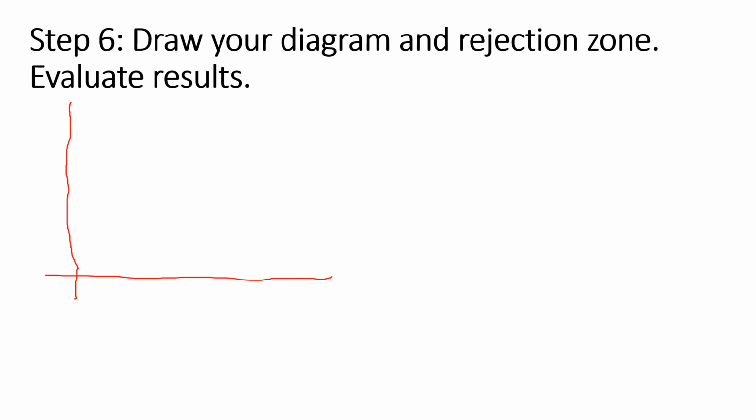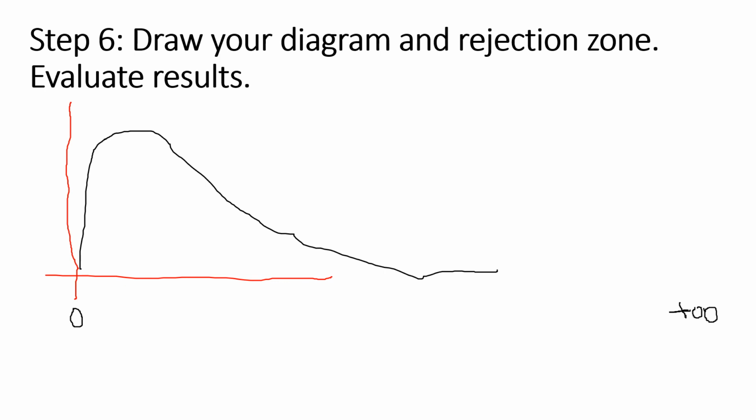I'm going to use some different colors here. So I'm going to draw it kind of like this, and we haven't covered chi-squared distributions, but it looks sort of like this. This value over here is 0, and then over here is going to be positive infinity, way over there, right?